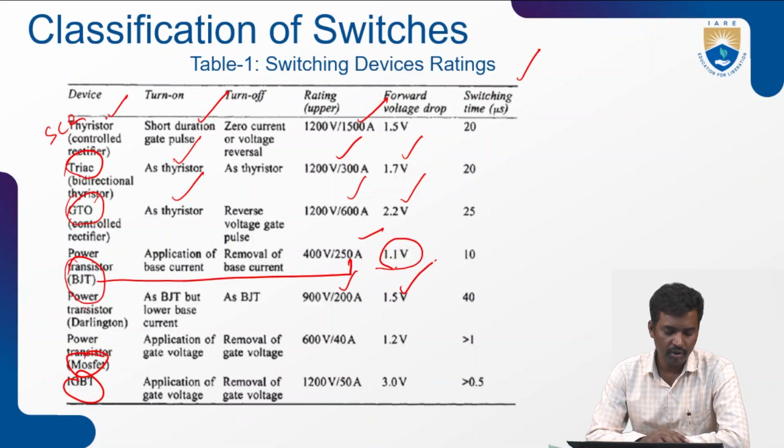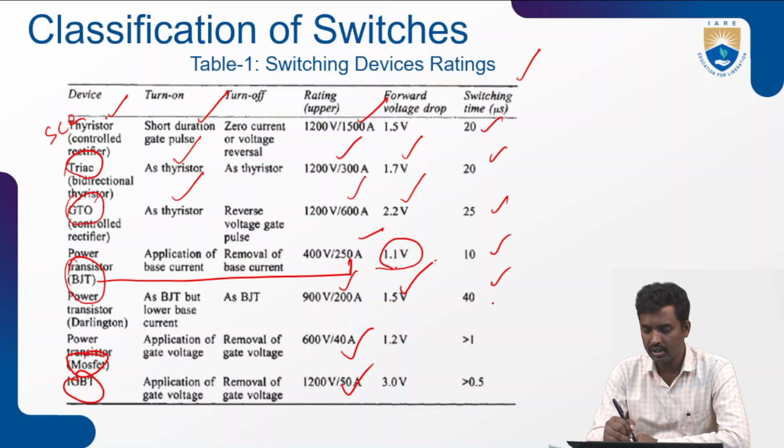So that is for power BJT, and this is for power MOSFET, and next IGBT. These are the switching times in microseconds.